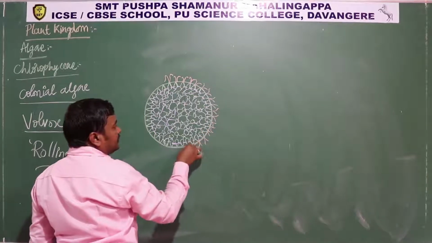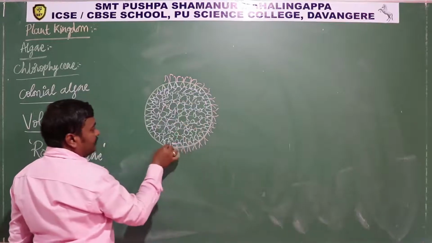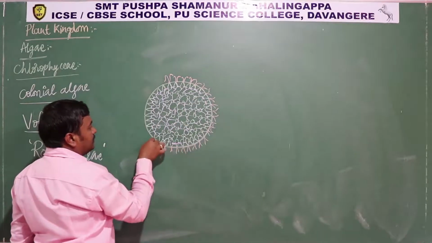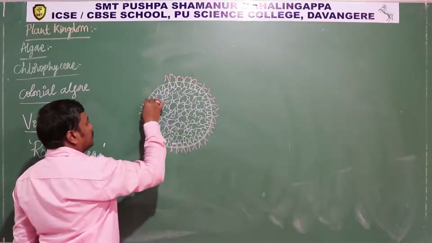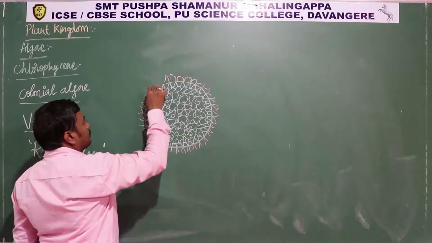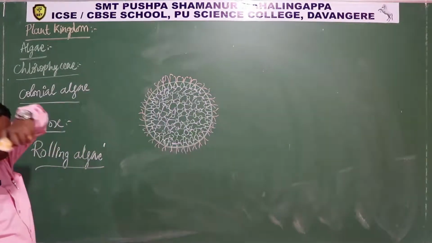From the side we can see the flagella, but where the flagella are, we cannot see them in one direction. Okay, so like this they have flagella.